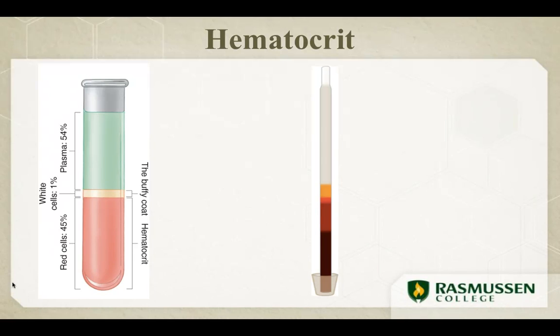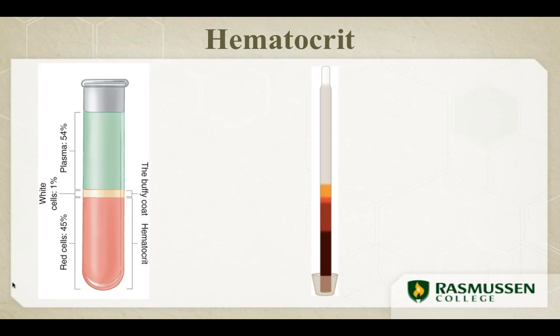This process separates the blood components into 3 layers. The red blood cells will sink to the bottom, the plasma will float to the top, and the buffy coat, which is a thin layer of buff-colored content, will actually separate the two. It mostly contains white blood cells and platelets.